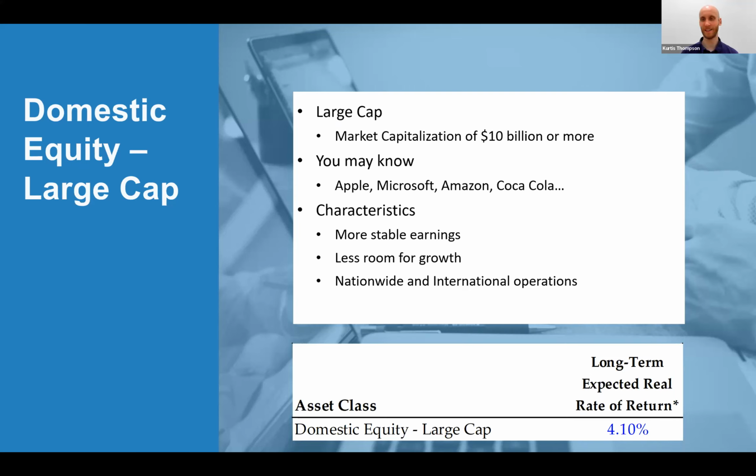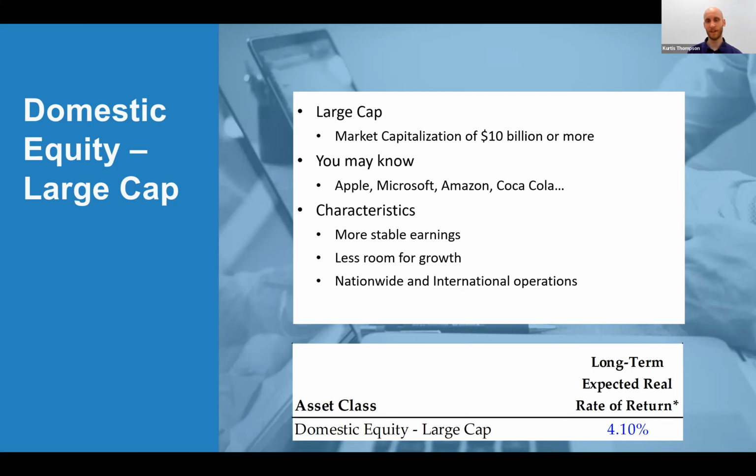Whereas with large cap companies, that still happens, but the fluctuation up and down tends to be a little bit less. Part of what you get is more stable returns. Often in large cap companies you might get a dividend, so there's going to be some stability in the return that you get.